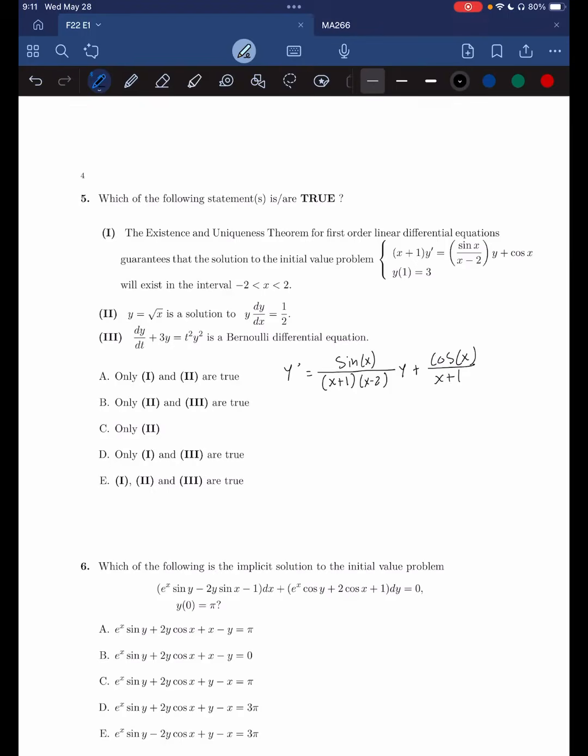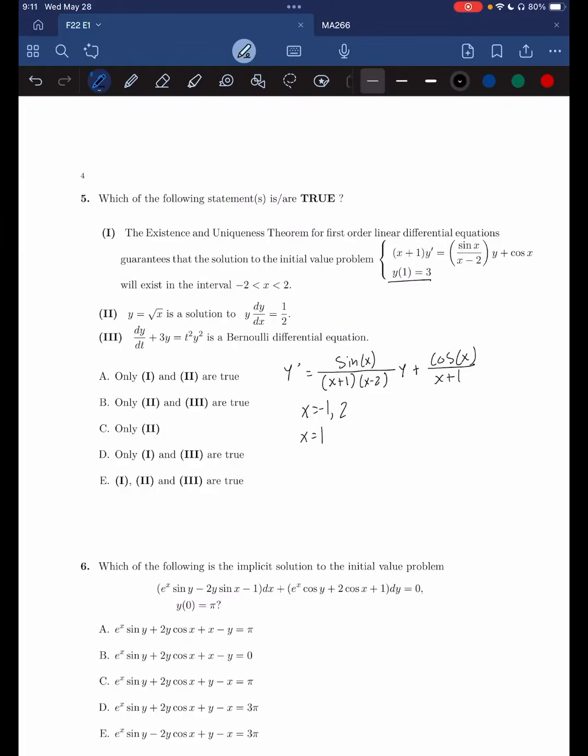Now, what are x values that cause discontinuities? We have x equals -1, 2, right? And our initial condition is y of 1 is 3. So that's another x value that we have to take into consideration. Now, keep in mind that the solution will exist in the interval, and there's a couple caveats for this interval.